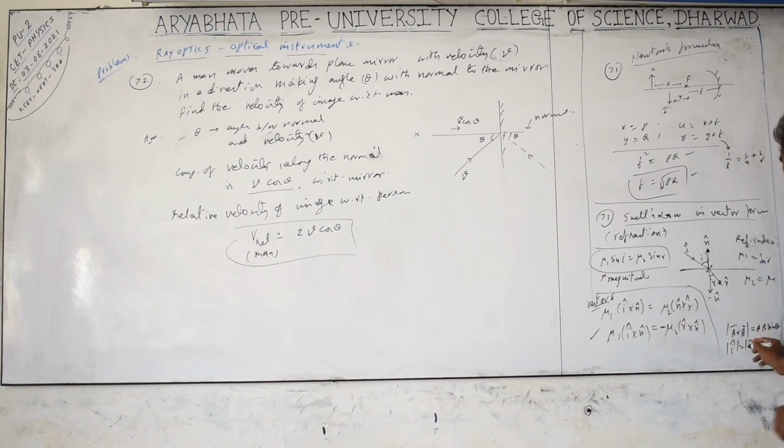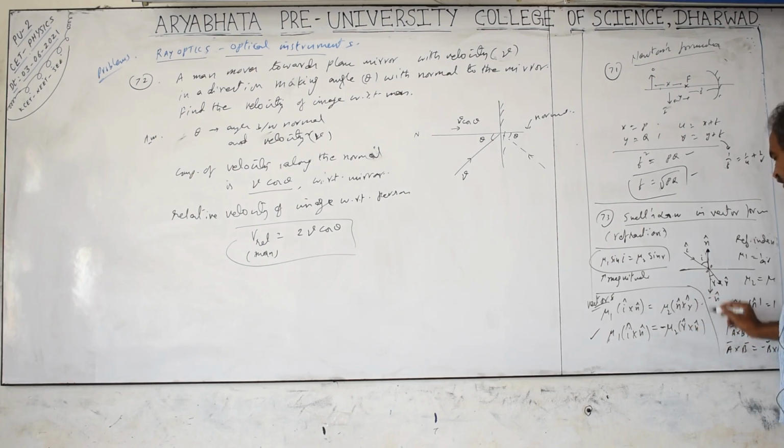A cross B is equal to minus of B cross A. Here the magnitudes of i cap and n cap are equal to 1. So r cross n can be written as minus of n cross r. N cross r is minus of r cross n.